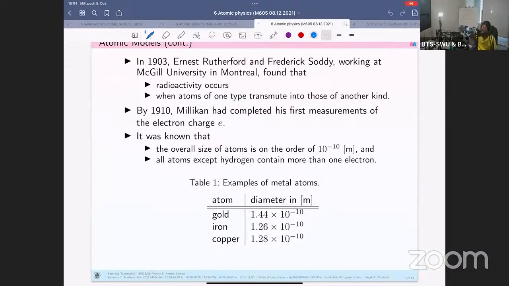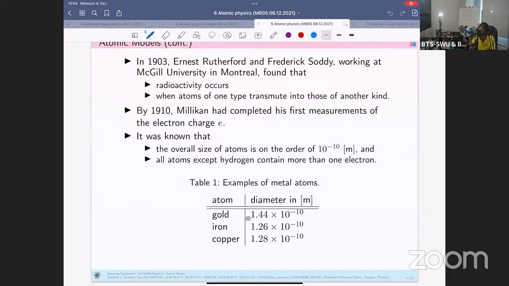Let's get into a detailed example of metal atoms. For example, gold has a diameter of 1.44 angstrom, right? 10 to negative 10. And iron has a diameter of 1.26 angstrom.